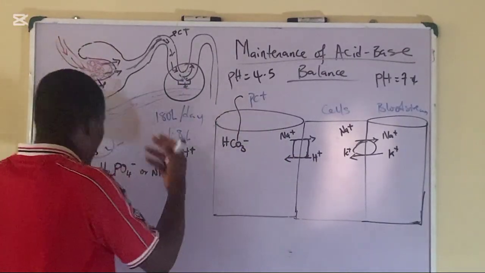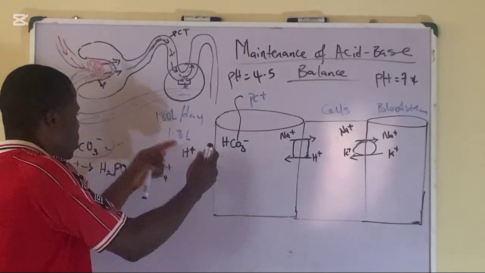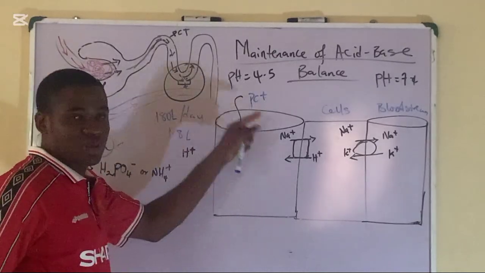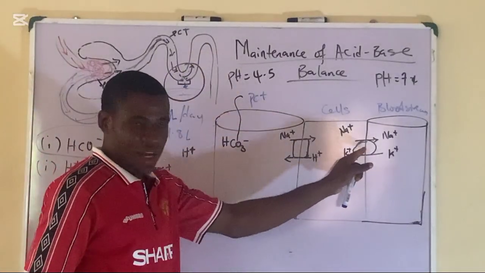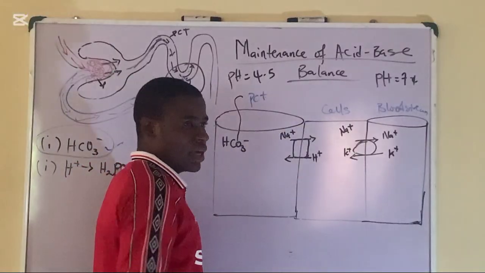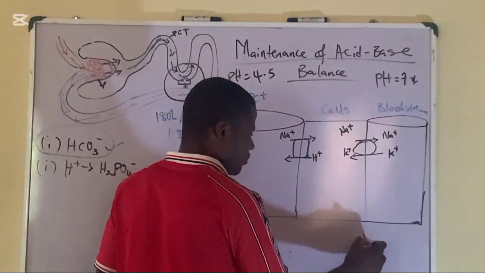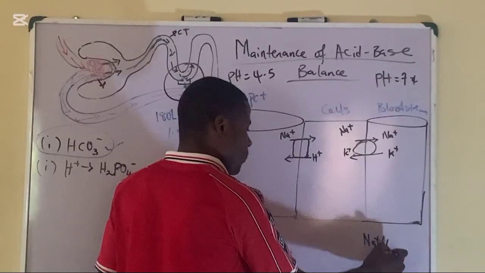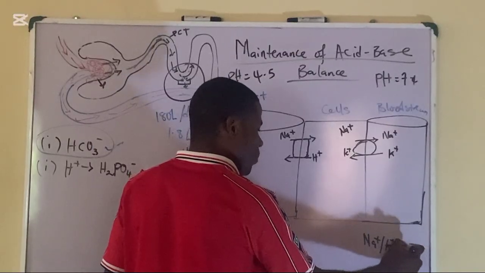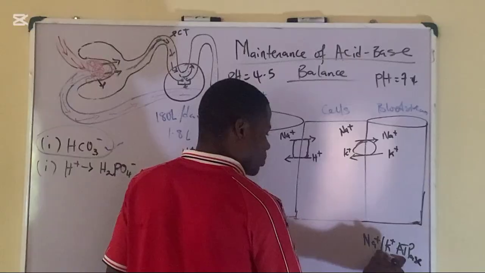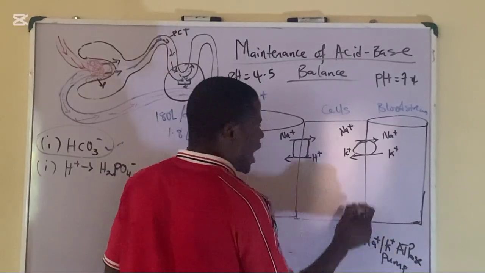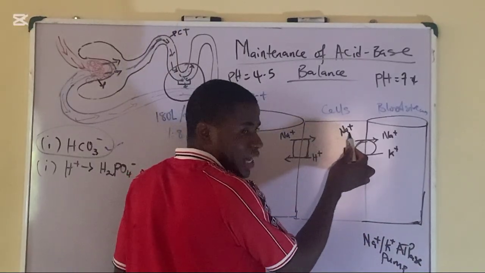This reabsorption and production that happens in the tubule started from here. This circular thing that I draw here is what we call the sodium potassium ATPase pump.